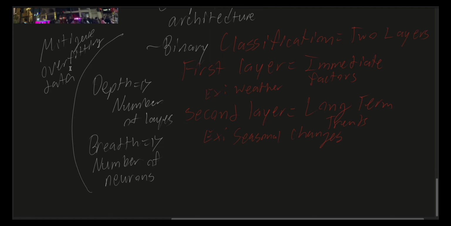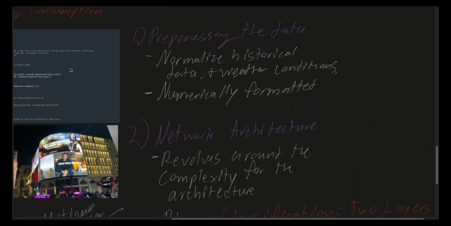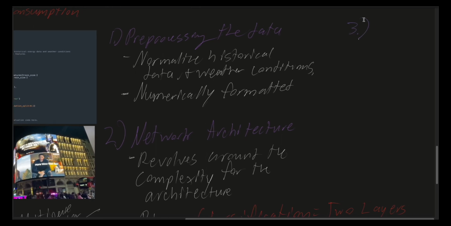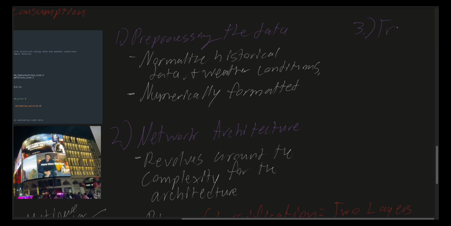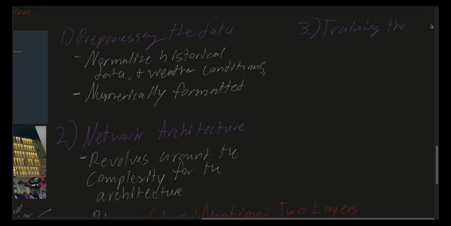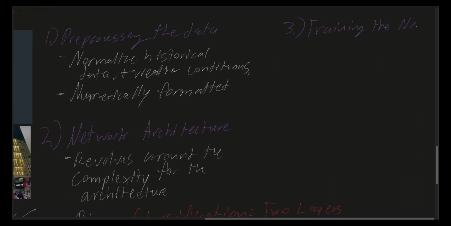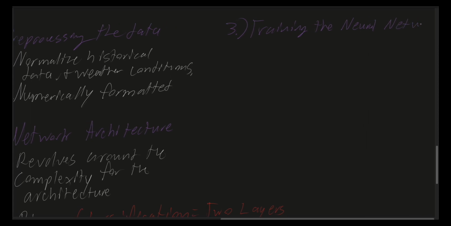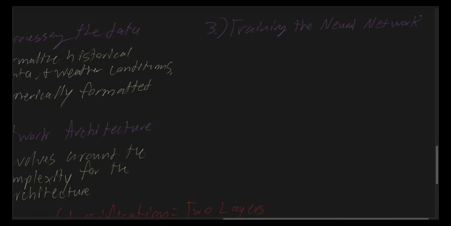And then the third step that we would have to do is going to be focusing on training the network. And while training the neural network, the steps involve adjusting the model to minimize the error between its predictions and actual energy usage.